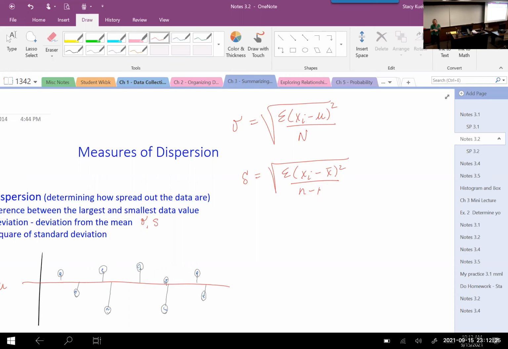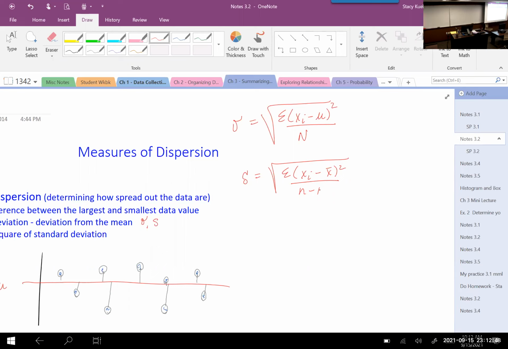So if the mean is easily influenced and swayed by these very large or very small values, do you think then that the standard deviation is also going to be easily influenced by these large numbers? Why? Because the mean's included in the formula, right?